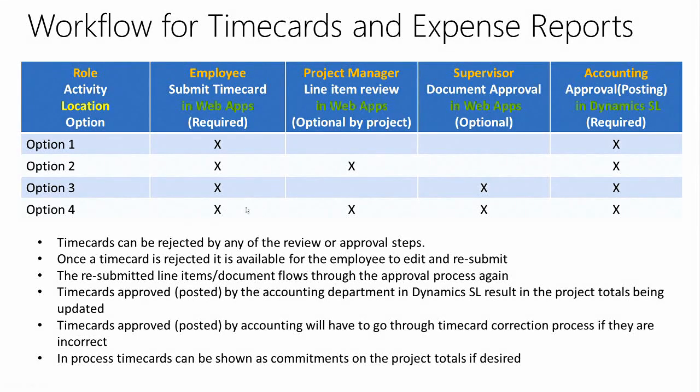And then the fourth option is the simplest of the most complex, in that it includes all those options. So I submit my time card, the project manager reviews the line item, the supervisor approves the document, and then accounting posts it.